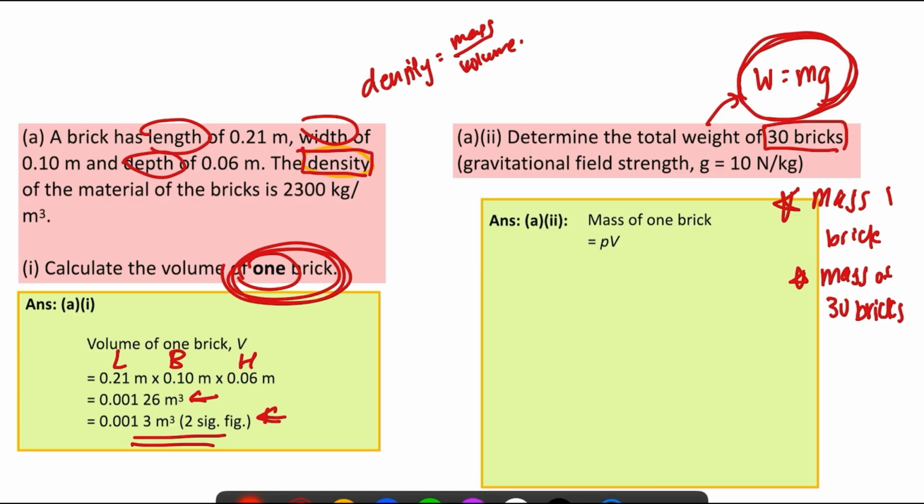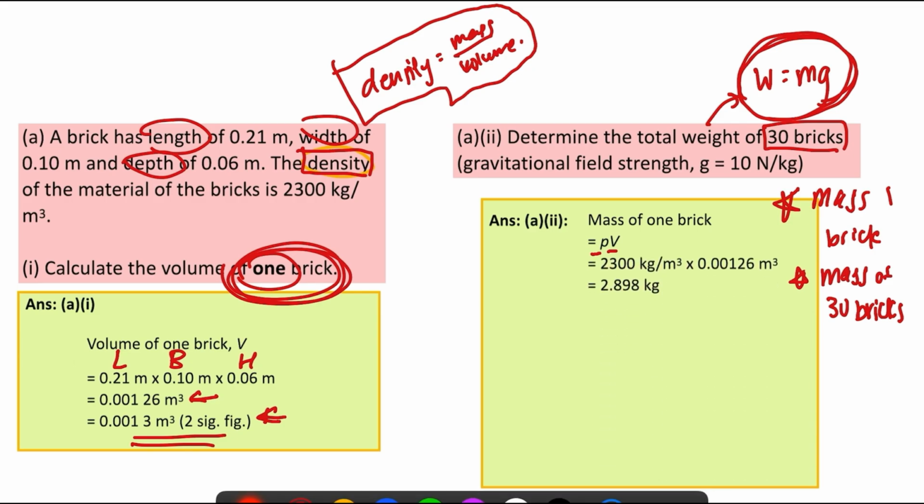Based on this part here, we have density equals to mass over volume, so mass equals to density times volume. Take the density that is in the question times the volume that you found previously. Remember to use the longer value, not the rounded value, to have a more accurate answer. After multiplying, this will be our answer. How do we know the unit of this mass?